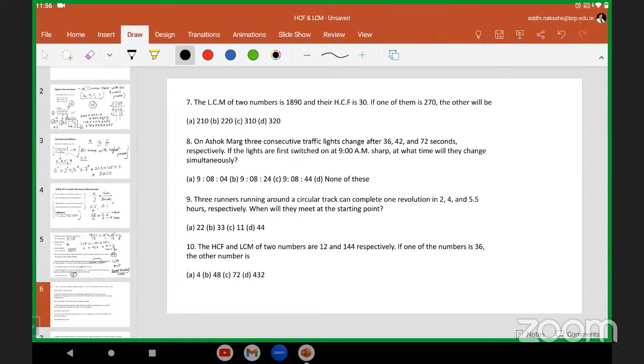Everyone got the answer two times? Okay. So check question number 8.